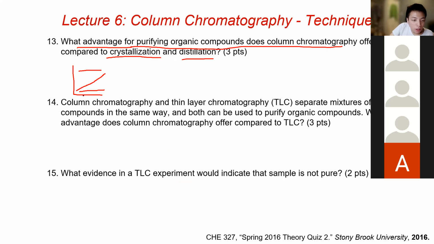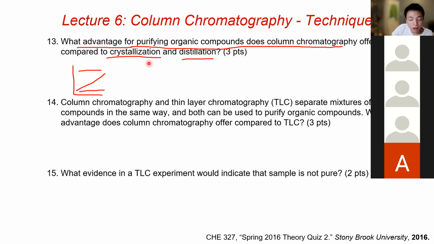So first, we know that in crystallization, we have to dissolve the compound from solid to liquid, and then we have to also cool it down. Which means we have a transition between solid phase and liquid phase. For compounds that remain solid, it's fine to do crystallization.